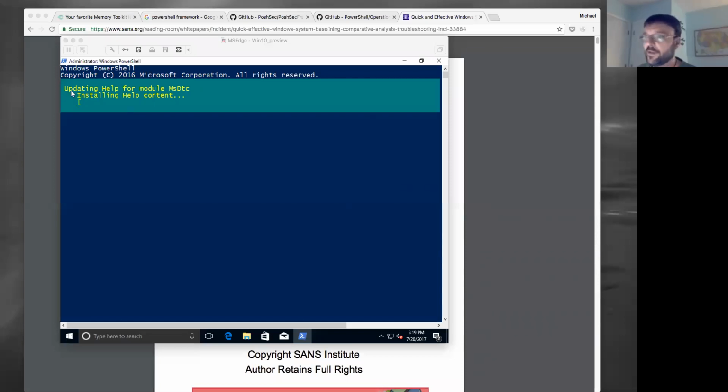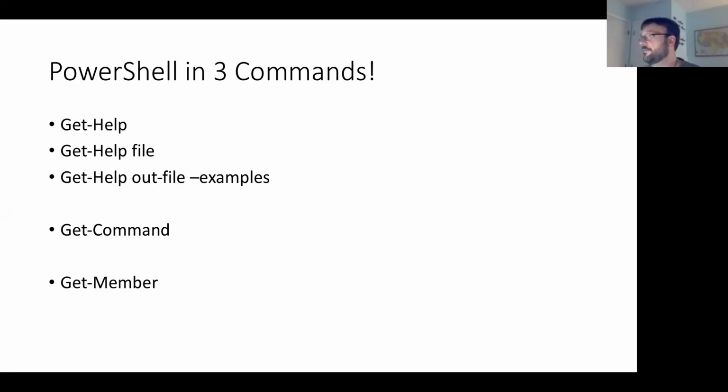And I'm going to talk about the Get-Command cmdlet. What Get-Command does is show you all the different commands that PowerShell has available to you. So it's quite the fire hose. Usually what you'll do is pipe it through some sort of Find-String or search parameter to narrow down what you want.